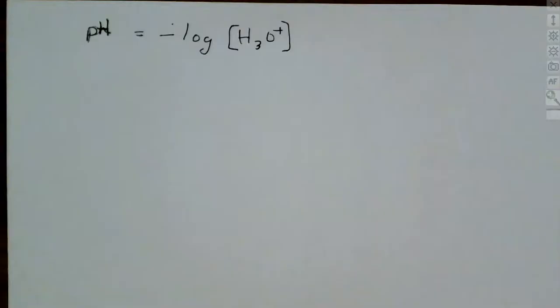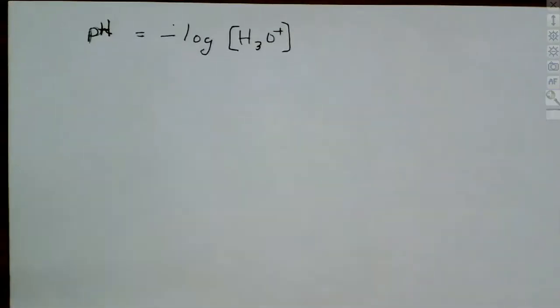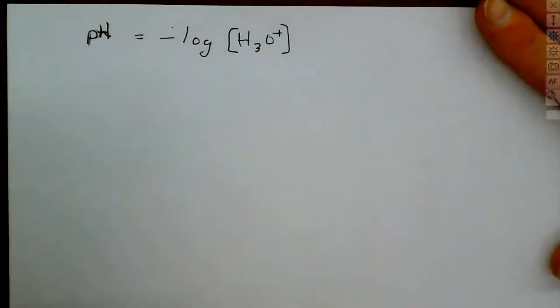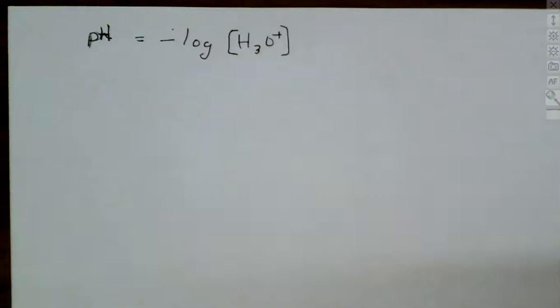That's your formula. Now, there are different ways of calculating this out. You can either use your calculator with scientific notation, or you can split it up using our properties of logarithms. H3O positive, that's hydronium ions.